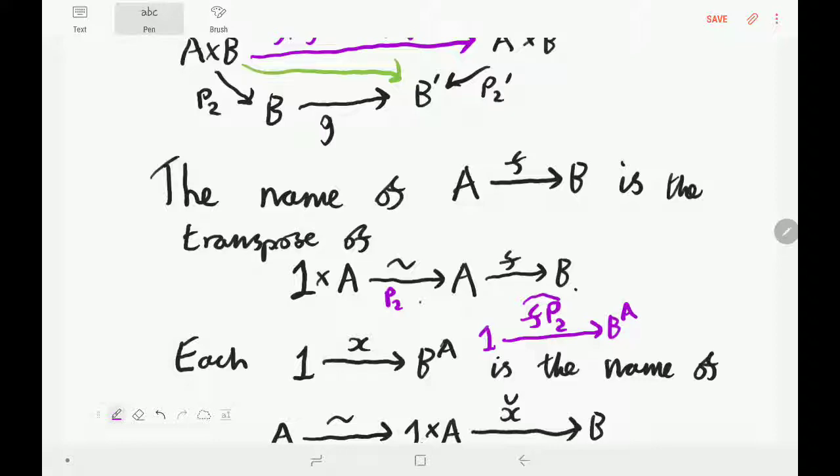And we call that the name of f, okay? We often write it with these quotes here.